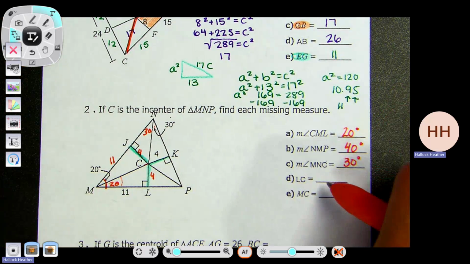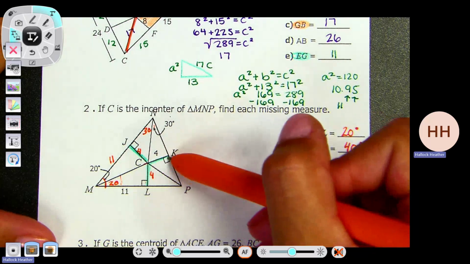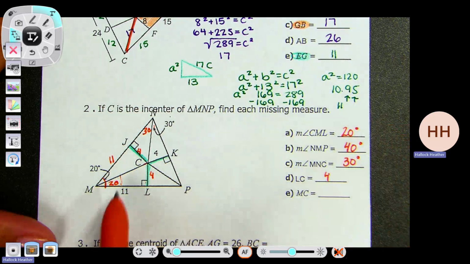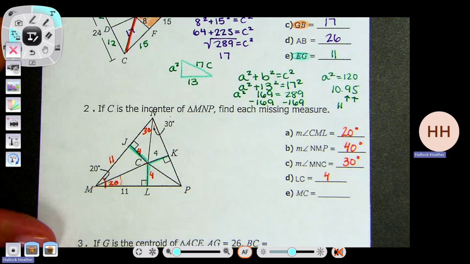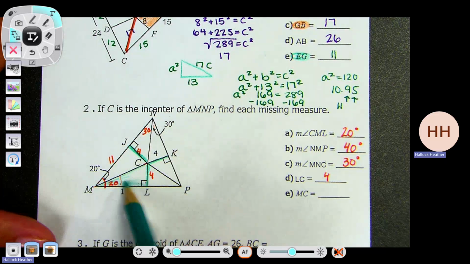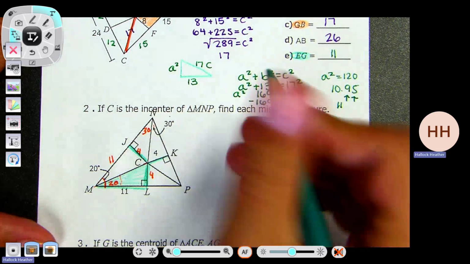The next one is L to C. LC is the same height as CK because all the heights are the same, so that's just 4. And then MC here is a hypotenuse. I do not know the length of the hypotenuse, so I'm going to have to use the Pythagorean theorem for MC. I have a base of 11, I have a height of 4.